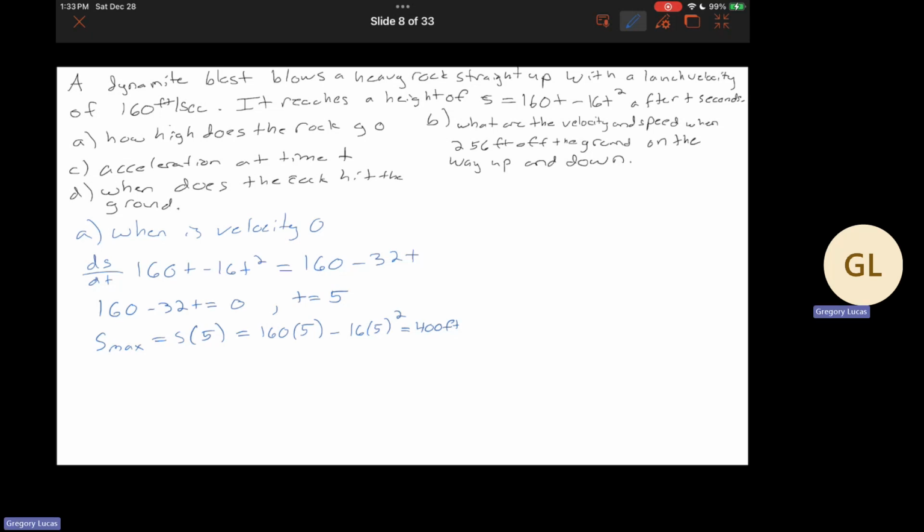Part B now. We want to find, at 256 feet off the ground, what is the velocity? So what we want to do first is look at our displacement. We have 160t minus 16t squared, and we want to know when it's equal to 256.